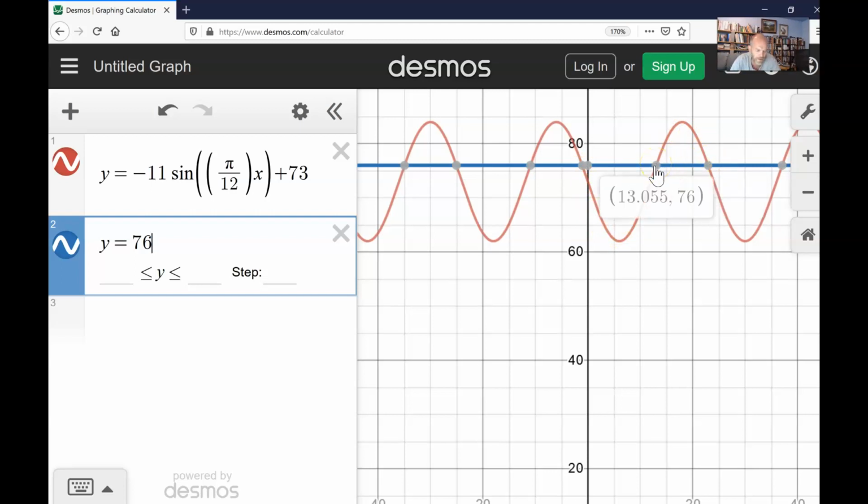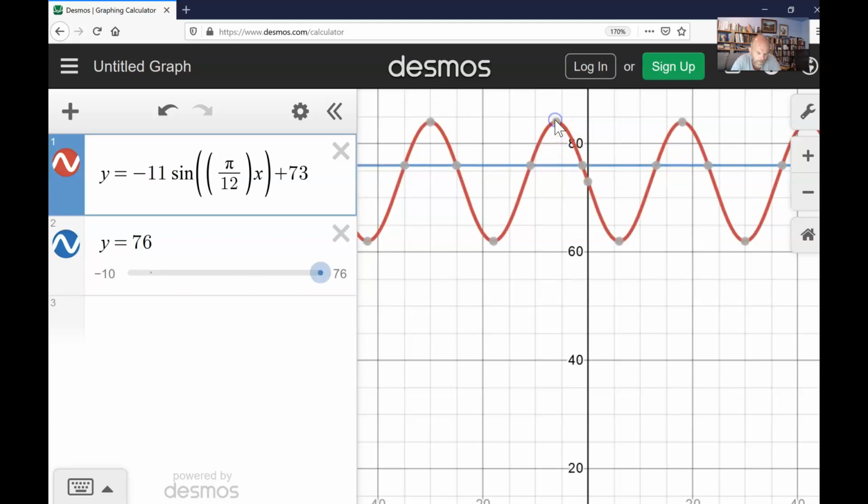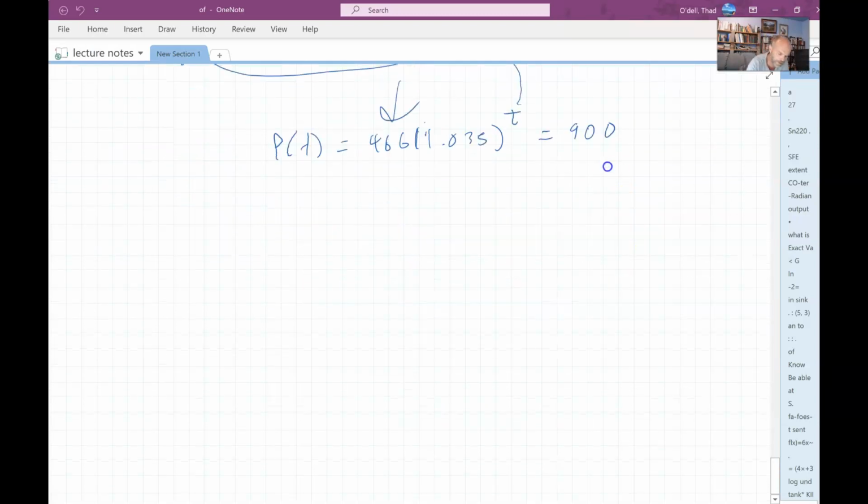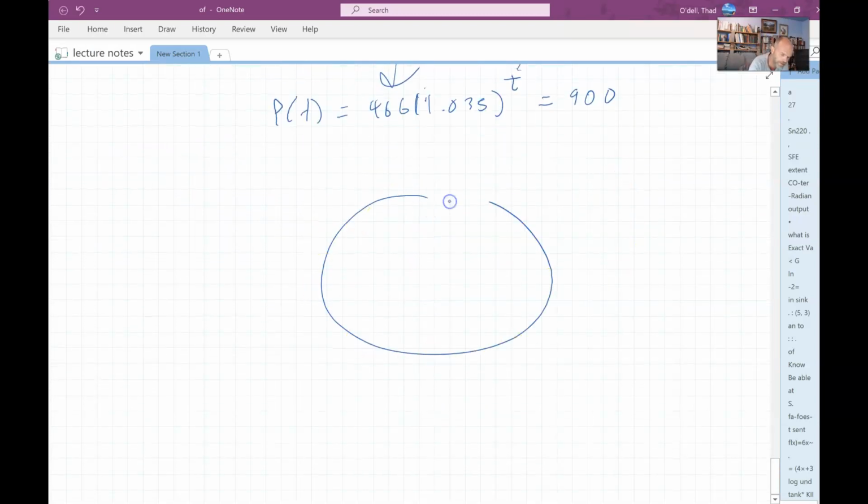So what you have to do is figure out how to find that one. There's a couple of ways you can do it. You know that the distance from this maximum to there is going to be the same as the distance from this maximum to there, because of the symmetry of sine. If we look at that on the unit circle, the negative answer you're getting is right here.